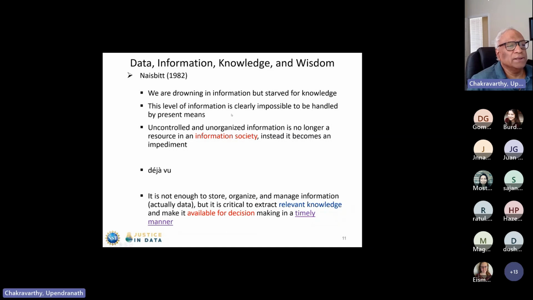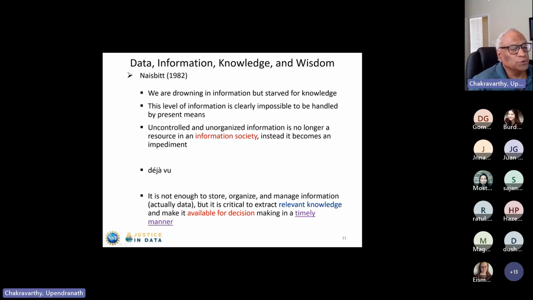This level of information is clearly impossible to be handled by present means. Uncontrolled and unorganized information is no longer a resource in an information society. Instead, it becomes an impediment. This statement, I believe, is still true today, and it will be true for the foreseeable future.